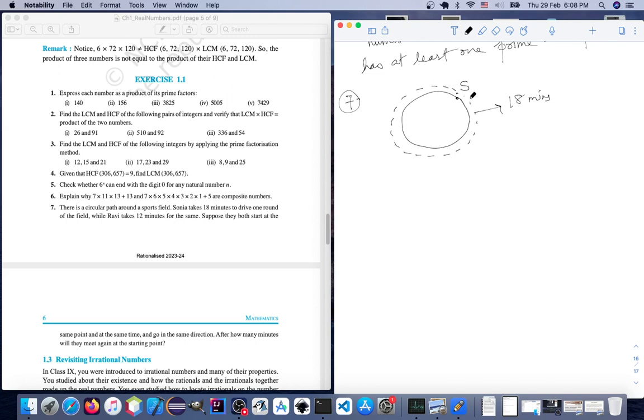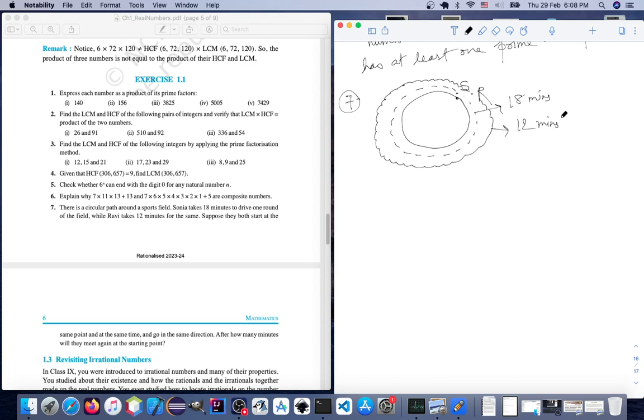For Ravi, to complete the same field once takes 12 minutes. So the question is, if they start from the same point and go in the same direction, after how many minutes will they meet again.